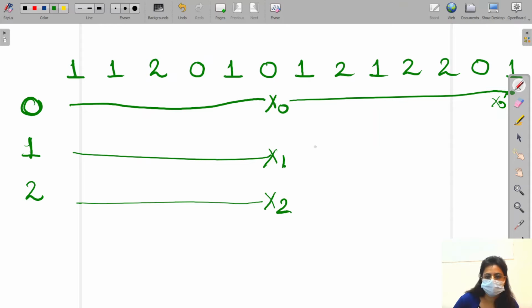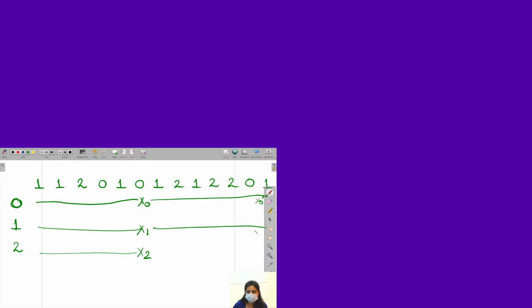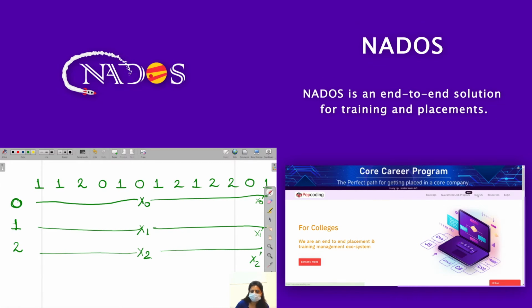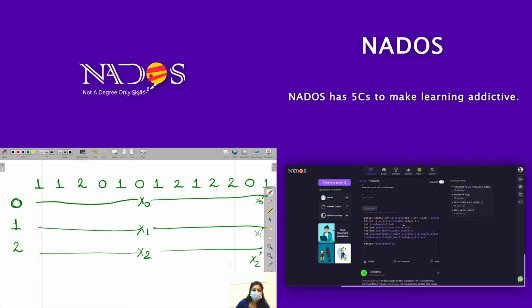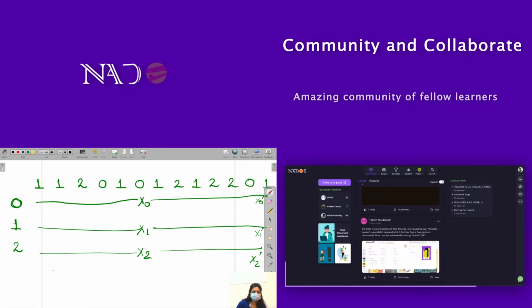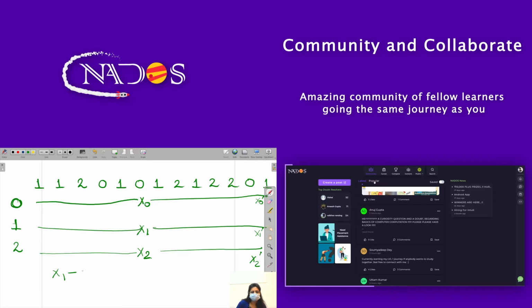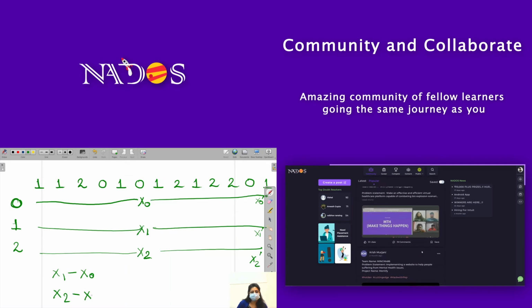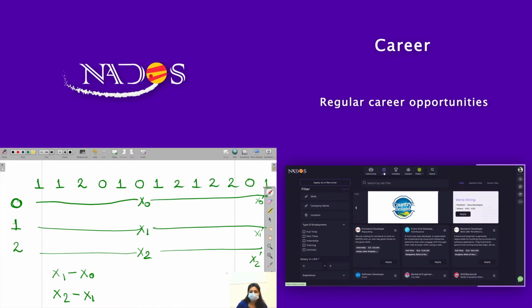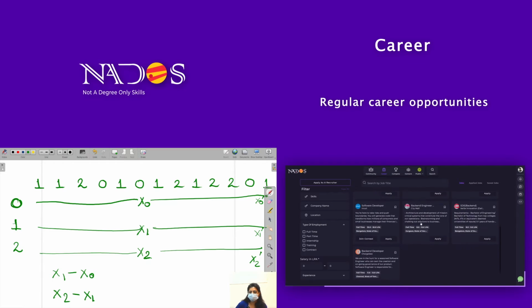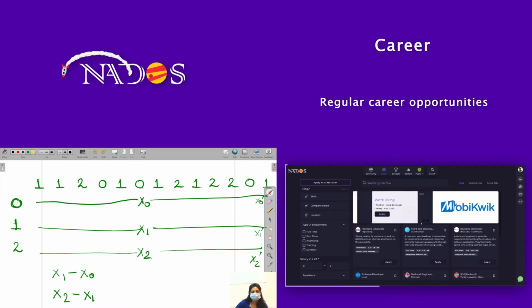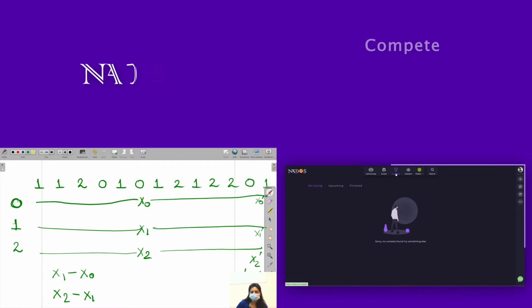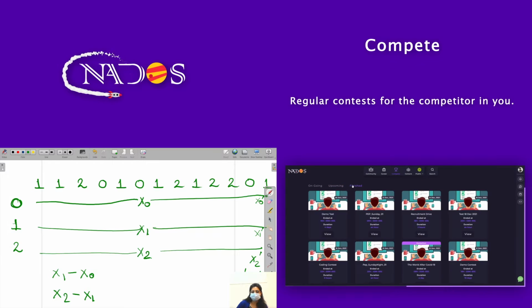From this to the last point, it is x0 dash, x1 dash, x2 dash. Now we calculate the difference, x1 dash minus x0 dash and x2 dash minus x1 dash.